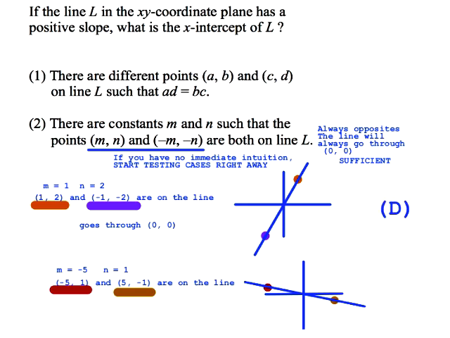Okay. Now let's see, there's a bunch of action happening. Gabriella, that explanation is the entire workup that's on this page. So hopefully that just makes sense. But in statement 2, you're going to get 2 points that are always opposites of each other.